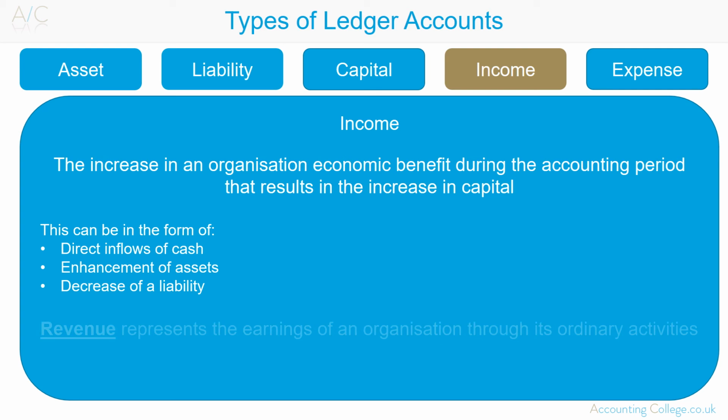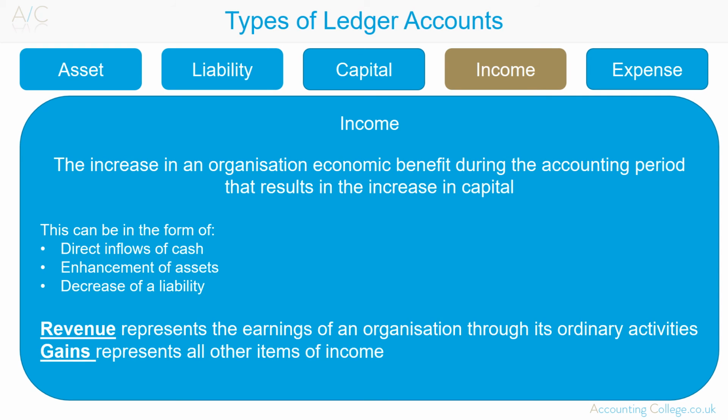Revenue represents the earnings of an organization through its ordinary activities, and gains represents all other items of income. Some examples of income are turnover, which is another word for sales revenue, bank interest, and an increase in the value of an asset owned by the organization.